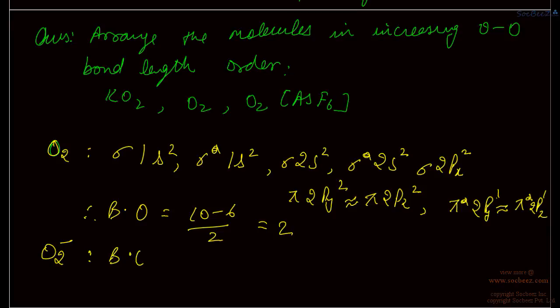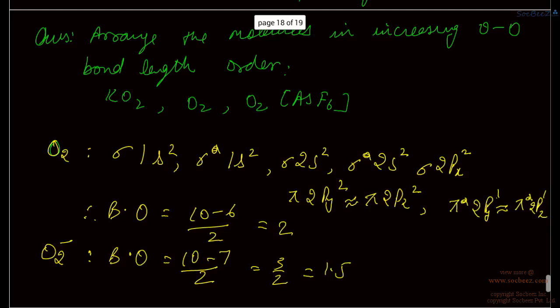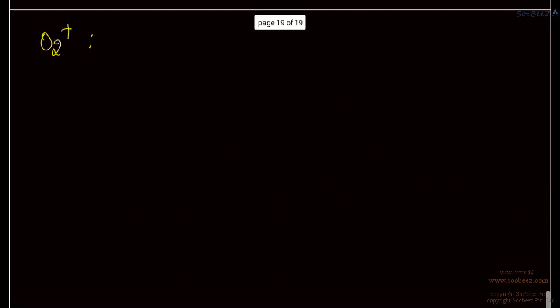Therefore bond order in this case is 10 minus 7 upon 2 equals 3 by 2 equals 1.5. And in case of O2 positive, you are taking off one electron from the anti-bonding orbital, so there will be 5 electrons in anti-bonding orbitals. Therefore bond order is 10 minus 5 upon 2 equals 5 upon 2.